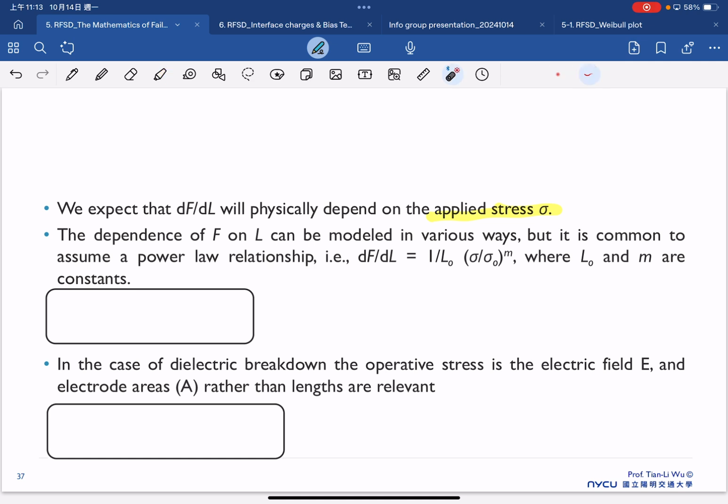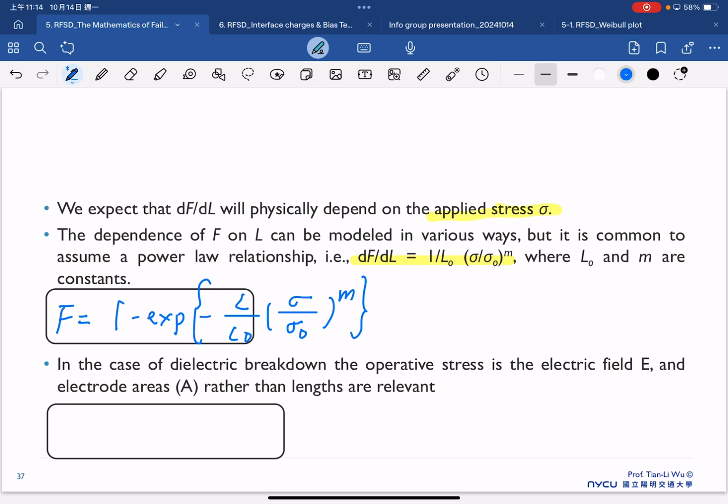The dependency of F on L can be modeled in various ways, but it is common to assume a power law relationship, where dF over dL is equal to this one, and where L0 and n are constants. So with this consideration, we can rewrite F as equal to 1 minus exponential of minus L over L0 times sigma over sigma0 to the power n here.